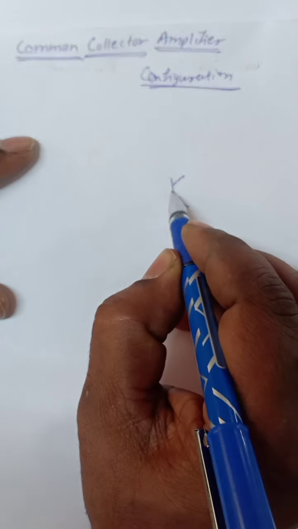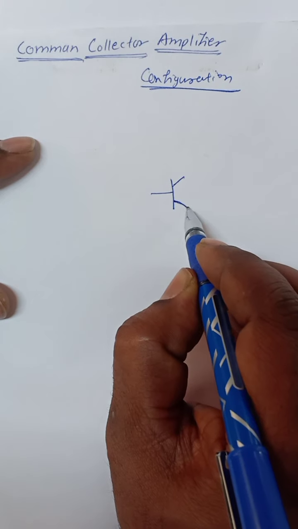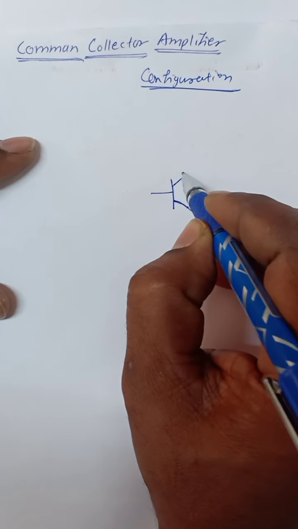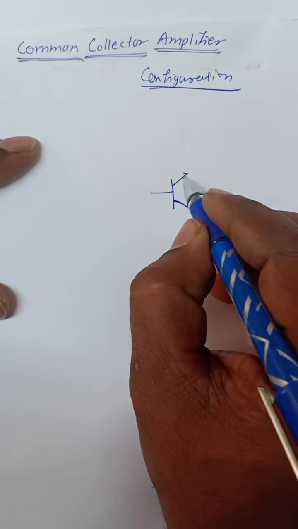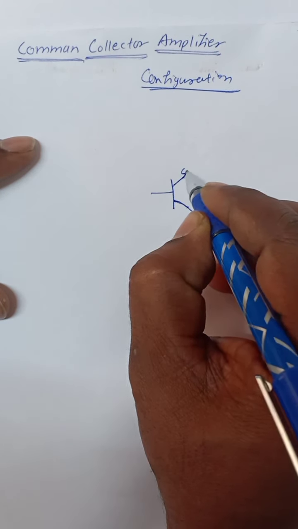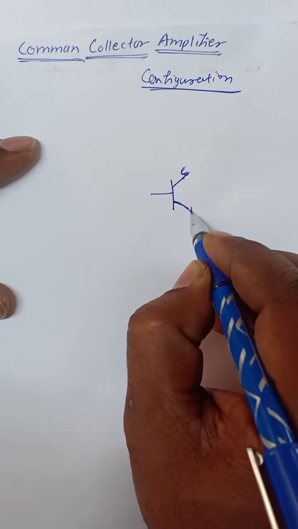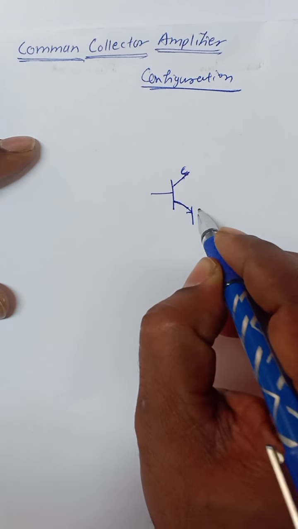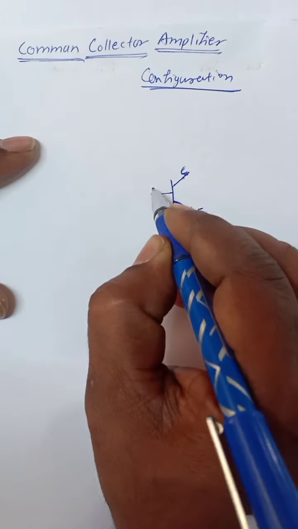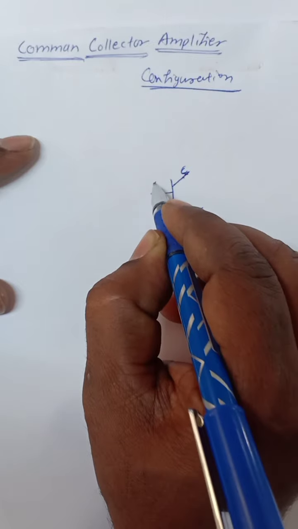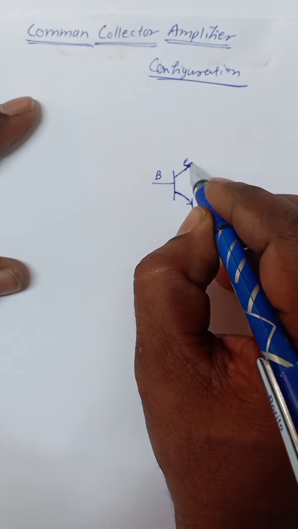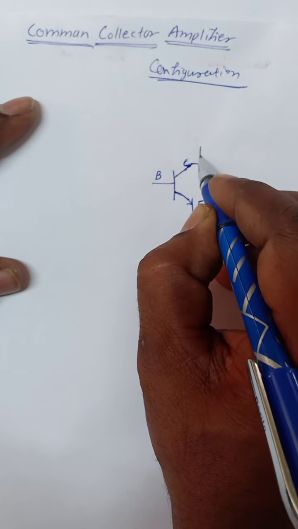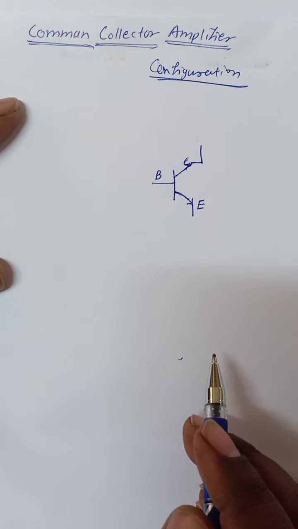It is an NPN transistor. So here it is the collector, here it is the emitter, and this one is the base.